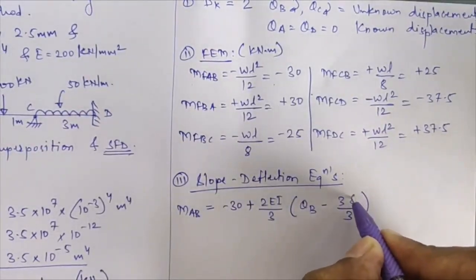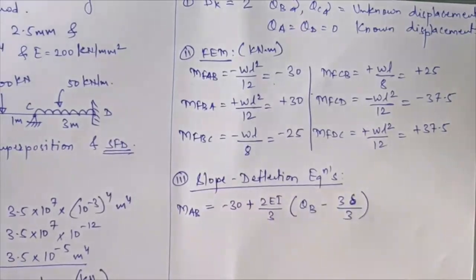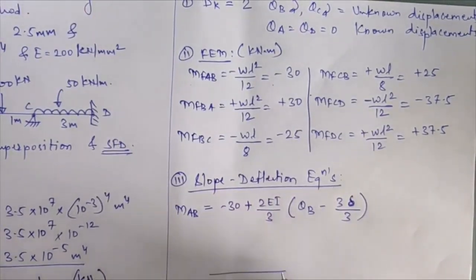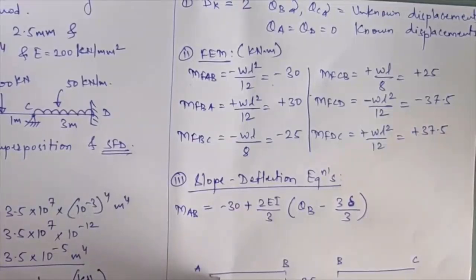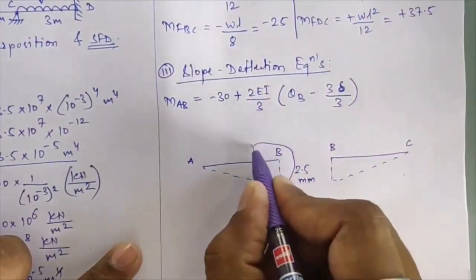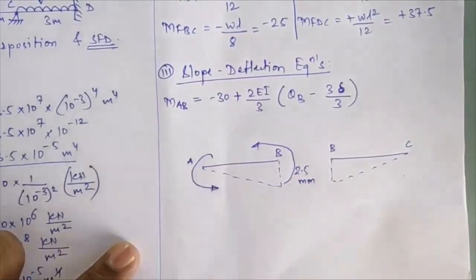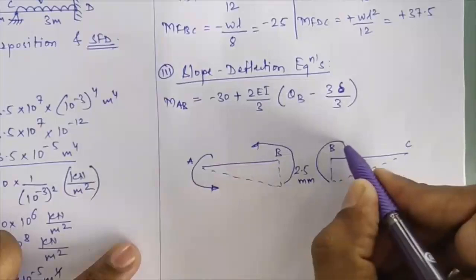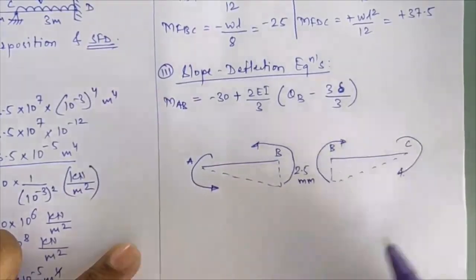Now considering the sign of delta, that we have to see. Suppose this is your member AB and this is your member BC. Okay, this support B is sinking downward by 2.5 mm, that is inducing a translational rotation in member AB and in member BC of intensity how much? This will observe an anti-clockwise rotation and here you will see a clockwise rotation.